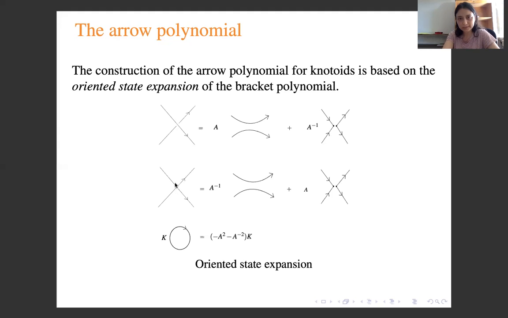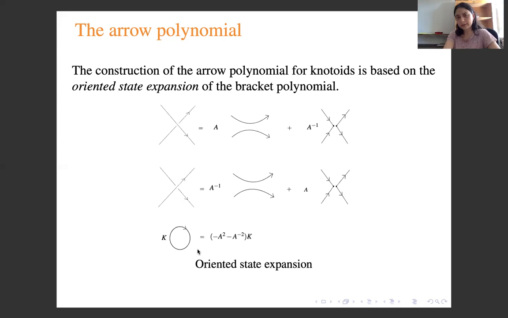And here's a negative crossing. We smooth it in the A and B type again, and the horizontal smoothing is the B type smoothing here. So I recorded this smoothing as A inverse, as a coefficient, and the vertical smoothing is recorded as A, since it comes from the A type smoothing, and we have this disoriented smoothing here from the vertical smoothing.